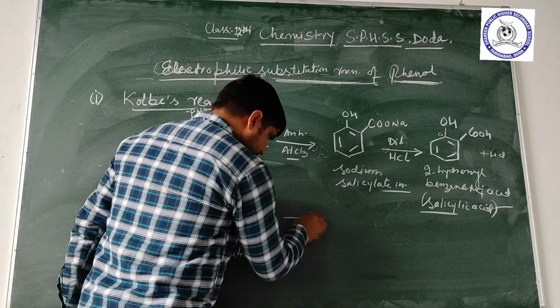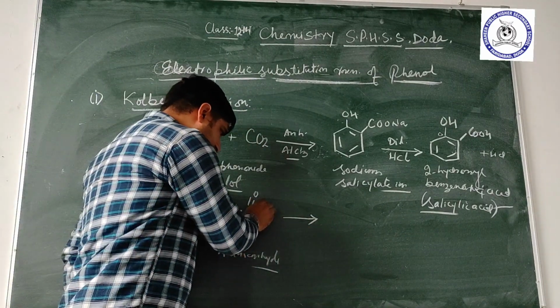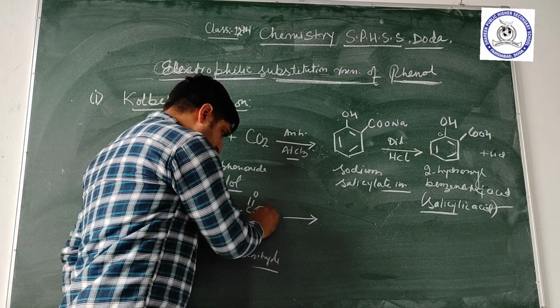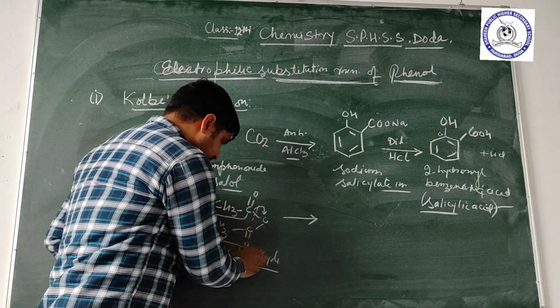they form, this acetic anhydride has two parts. This is positive part and this is negative part.